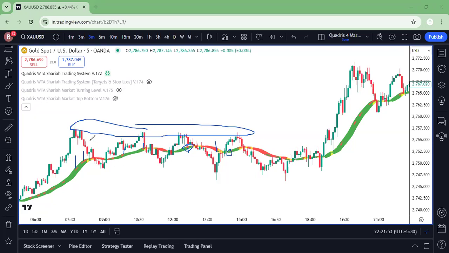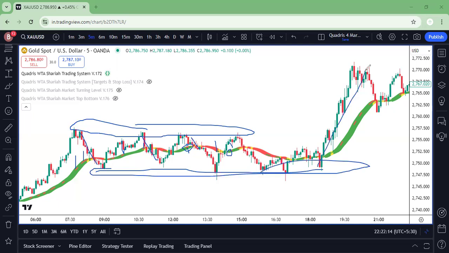That means initially the pullback or the supply was heavy, but later on the supply lost its interest in selling the product downwards. So that's the reason we held this level, and then all of a sudden we got a price outburst.